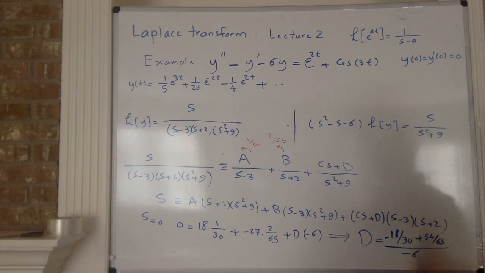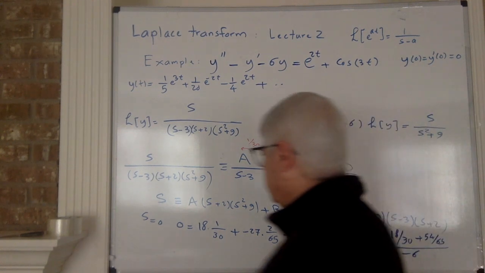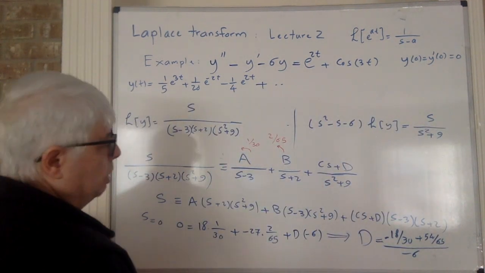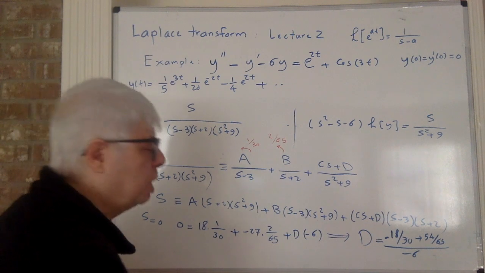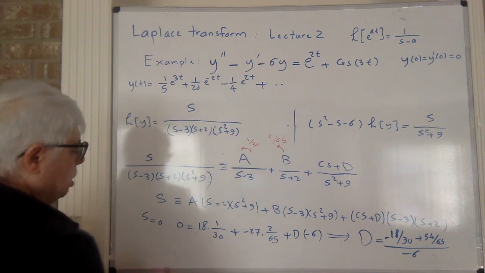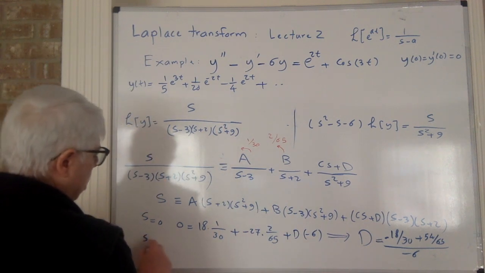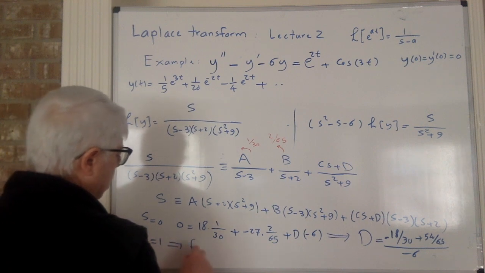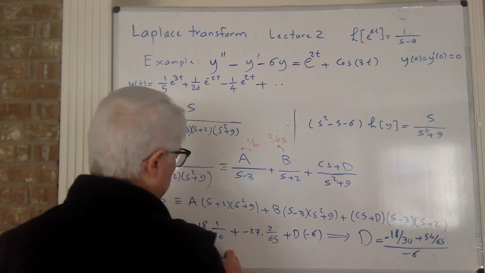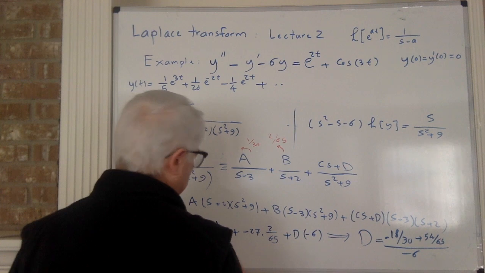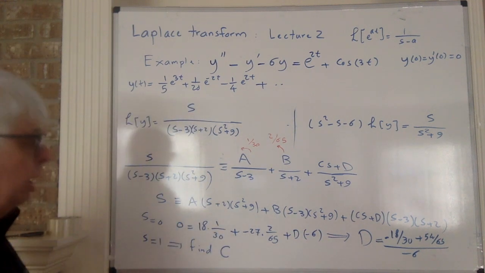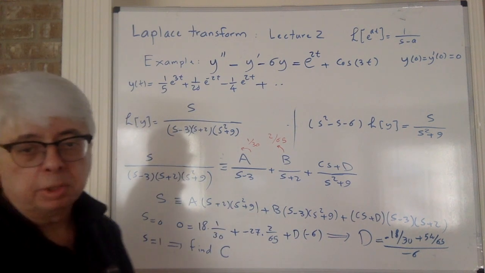So I don't know what that is, you can find it exactly. Now that we know D, we can just use another s, say s equals 1, and find C. Well, I need to do both of them very carefully too.